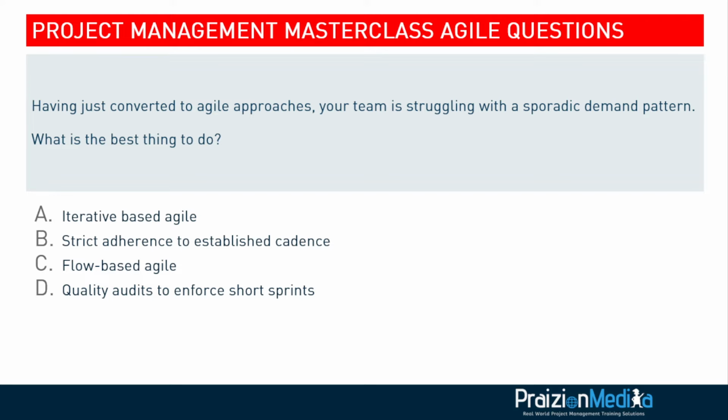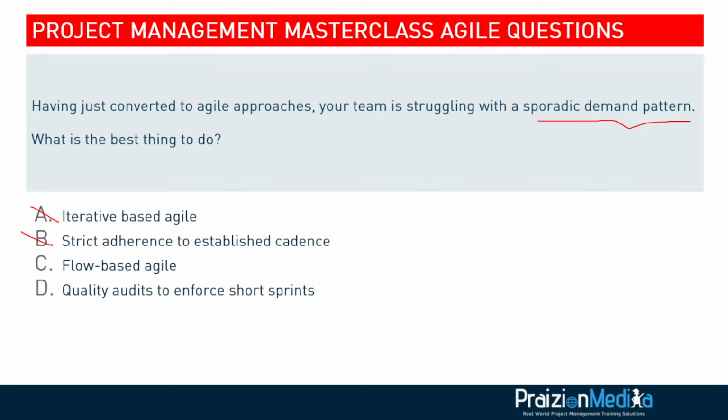So some things clearly don't solve the problem. They may even make it worse. So obviously they're struggling with a sporadic demand pattern. This would not be a good time to lock them in to an iterative based agile arrangement. So A is not going to help them because demand is sporadic.